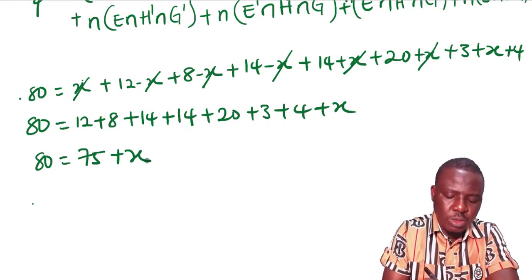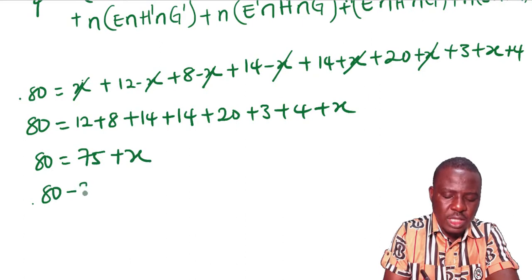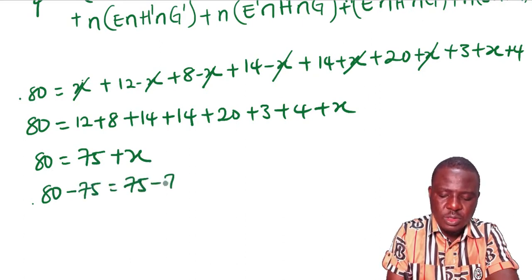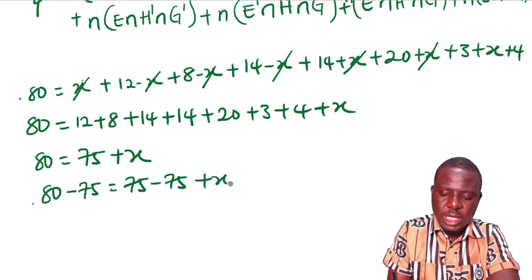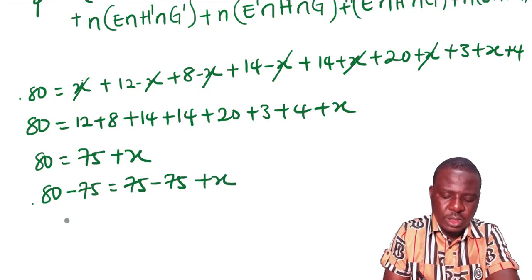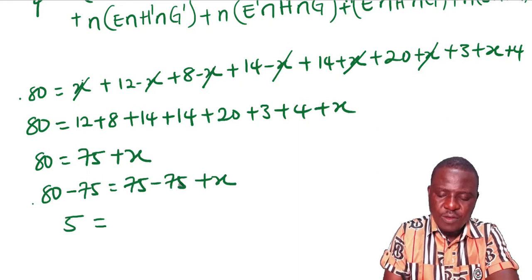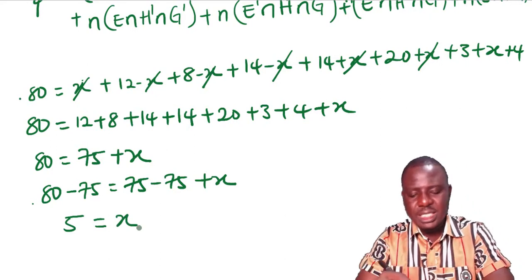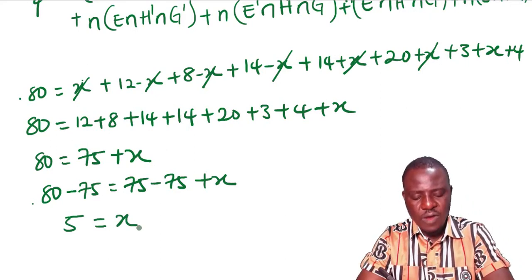So making x the subject of the formula, by subtracting 75 from both sides, we have 80 minus 75 is equal to 75 minus 75 plus x. So 80 minus 75 is 5. 75 minus 75 is 0, and that gives us x. So therefore x is equal to 5.